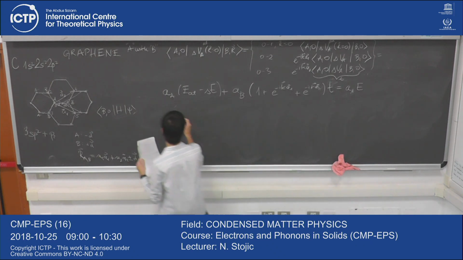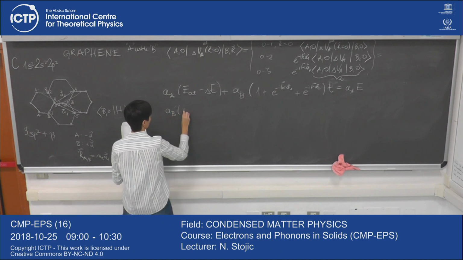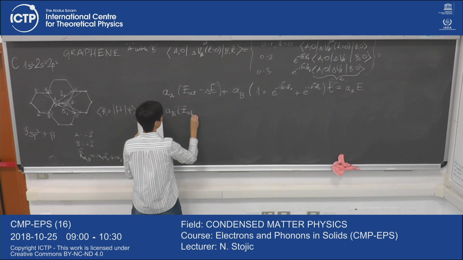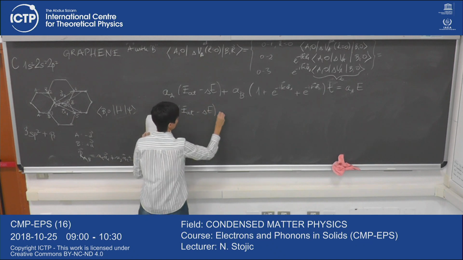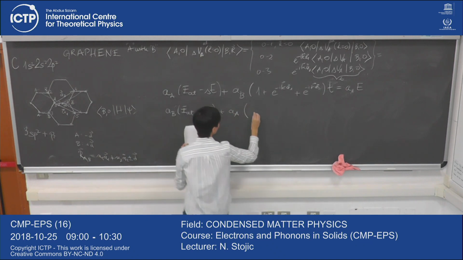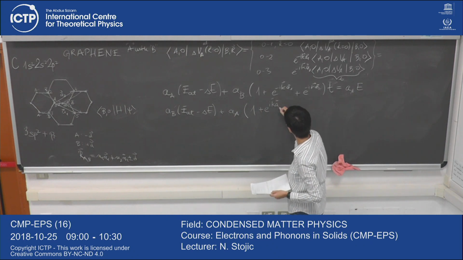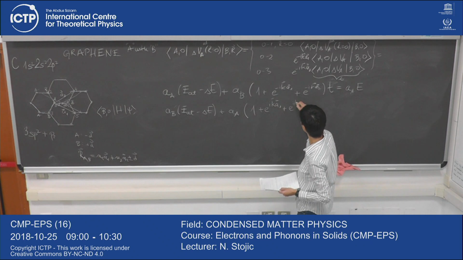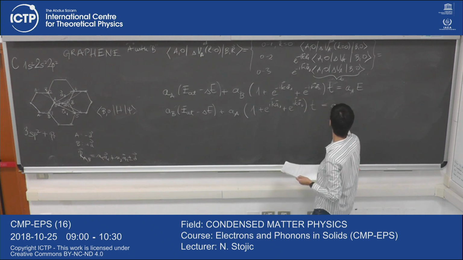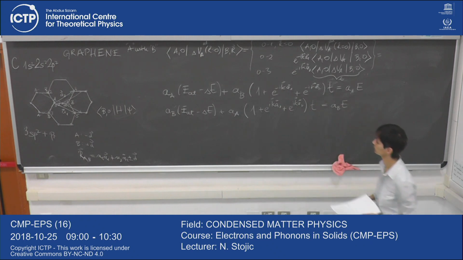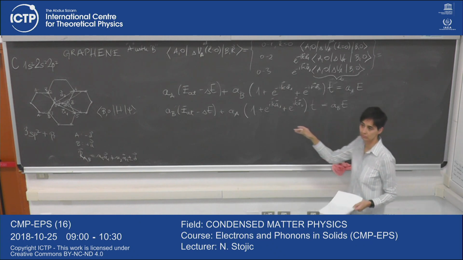So we have A, B, E atomic minus delta E, plus FA, 1 plus E, Ka1, plus E, I, Ka2, T is equal A, B, E. Now we have to solve it.